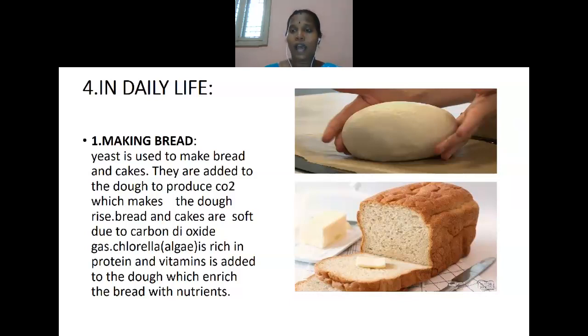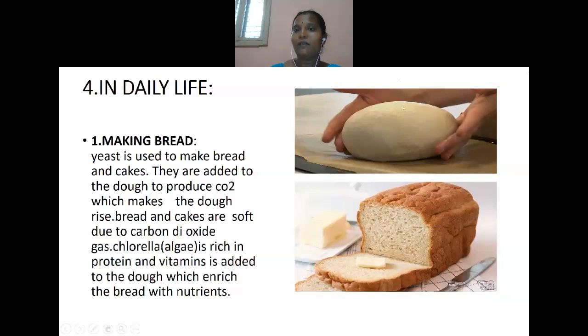How does the bread get like this? We can observe some small holes in it. It is because of the fungi, yeast. Yeast is one of the fungi, not algae. Flour is used, and yeast is added to the flour and they make a batter.